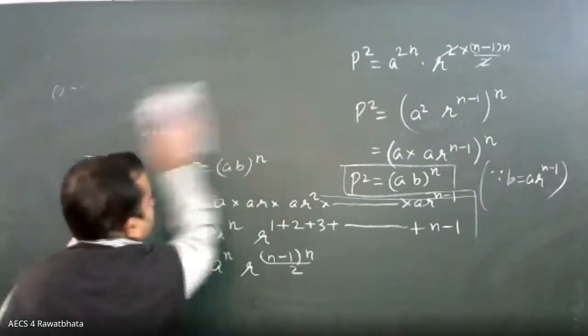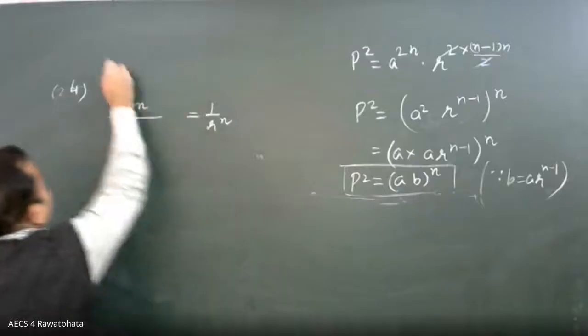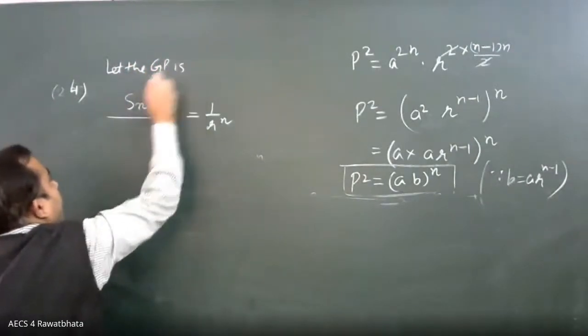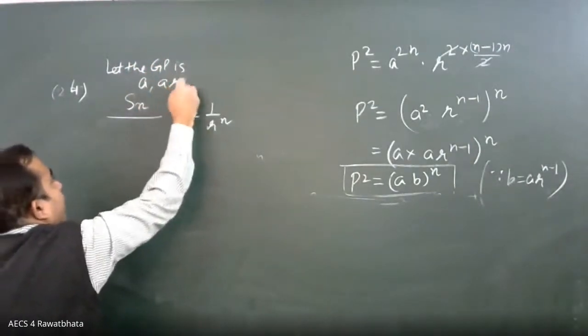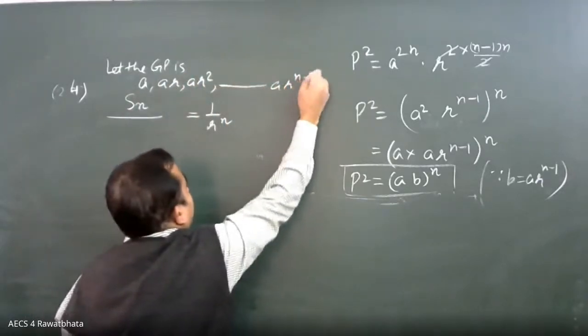Ayush, 24th. Show that the ratio of the sum of first n terms of a GP to the sum of the terms from n plus 1 to 2nth term is 1 upon r to the power n. Okay, let me assume the GP. Let the GP be A, AR, AR square, up to AR raised to power n minus 1.